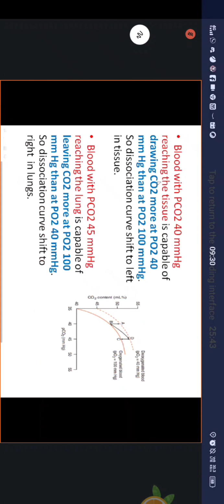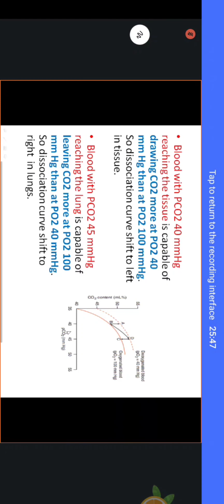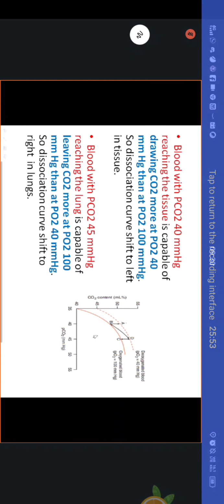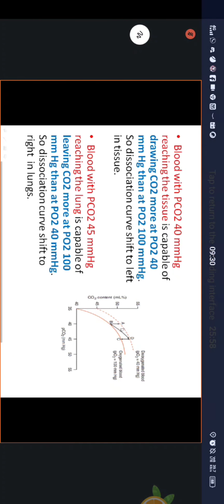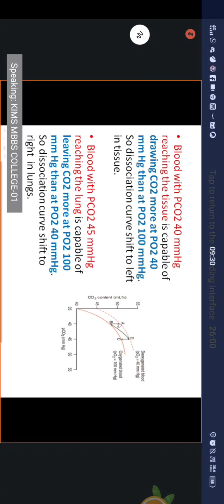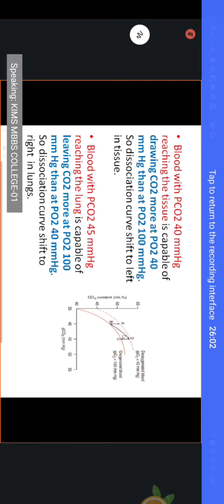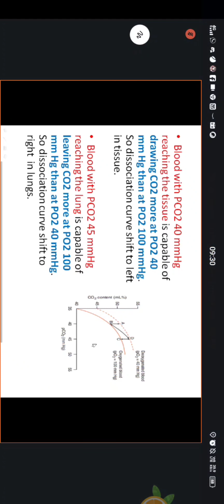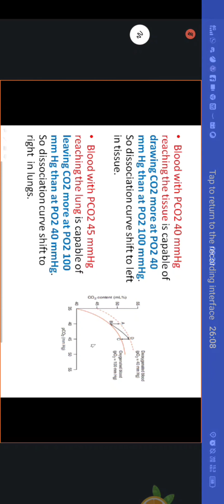So here blood with PCO2 of 40 mm Hg reaching the tissue draws or loads the CO2 more at PO2 of 40 mm Hg. That means if this is the curve, a shift to left indicates more loading or binding of CO2, whereas a shift to right in lungs indicates more unloading.